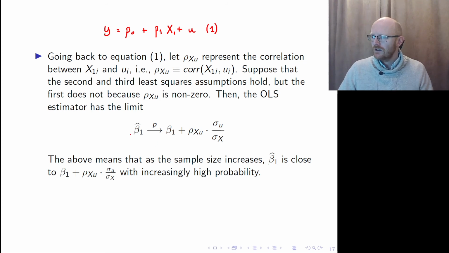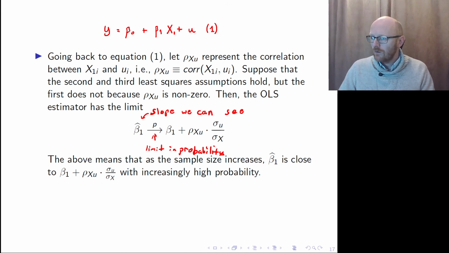So then we can actually say that our obtained slope, the slope we can see, is actually equal, in probability, which means it's a limit in probability, which means that if our sample size increases, then this result holds, in the limit.